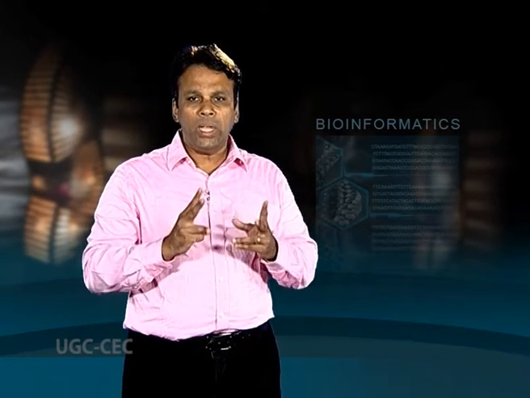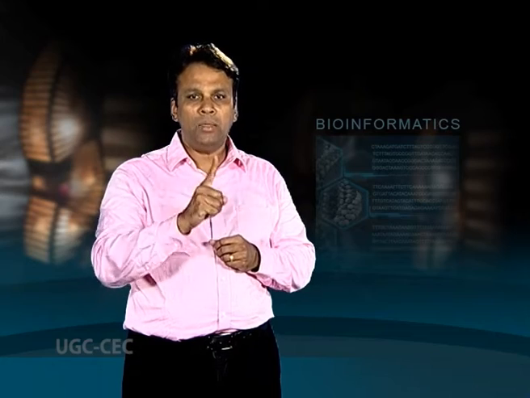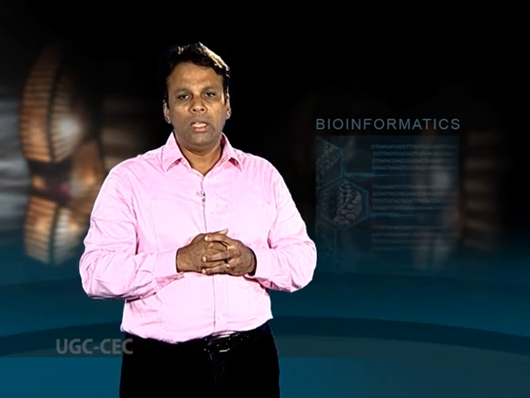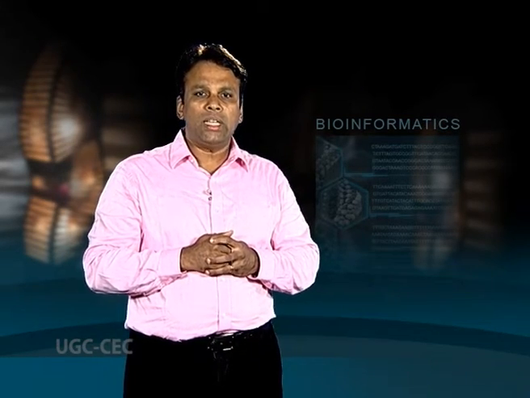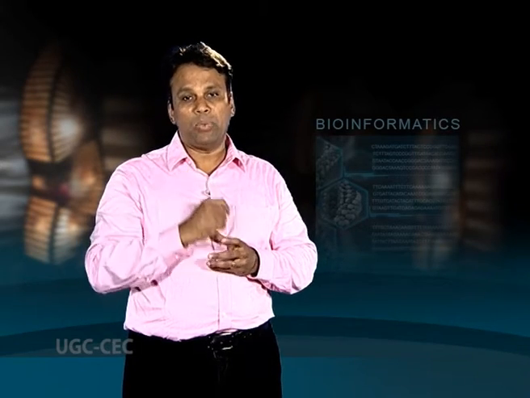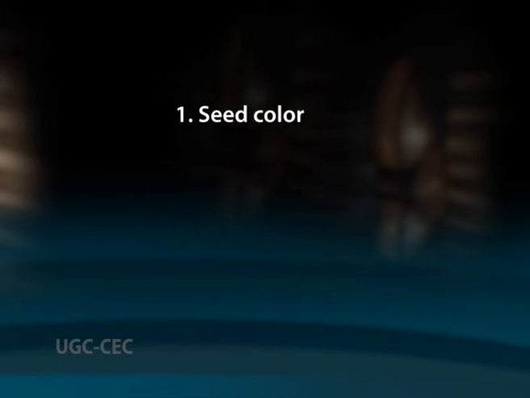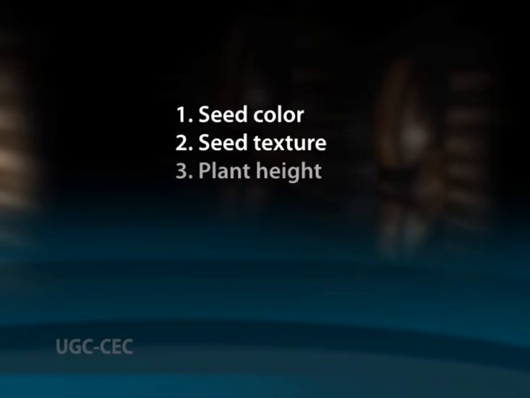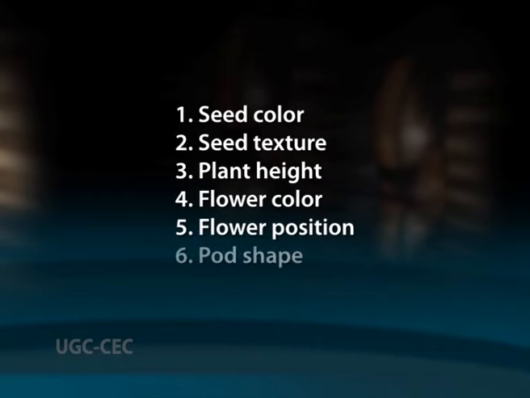Sometimes these two alleles can affect the same single characteristic. Based on these genetic interactions, Mendel studied 7 traits separately. They are seed color, seed texture, plant height, flower color, flower position, pod shape and pod color.